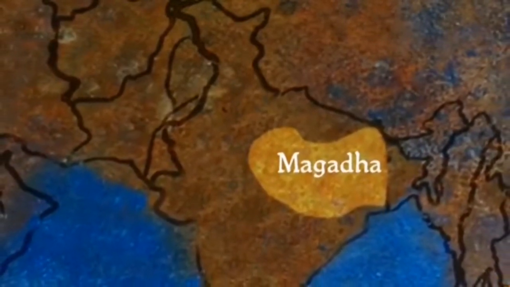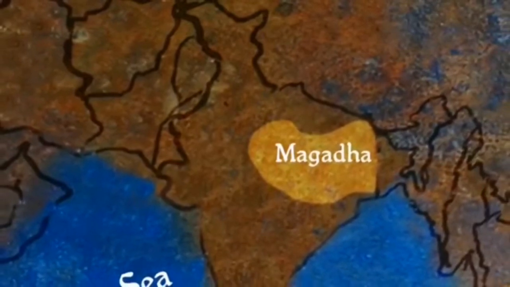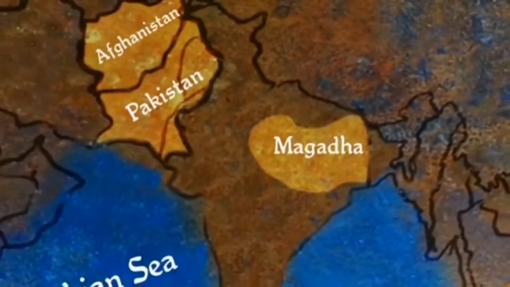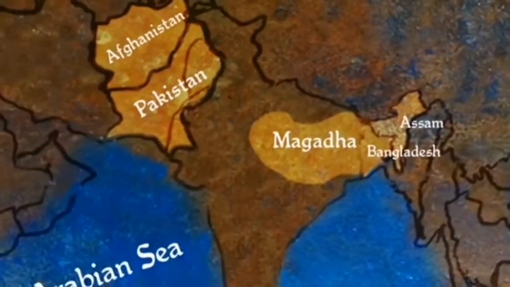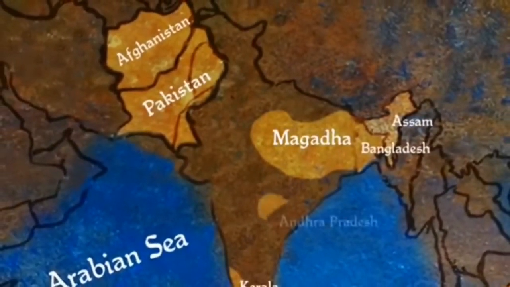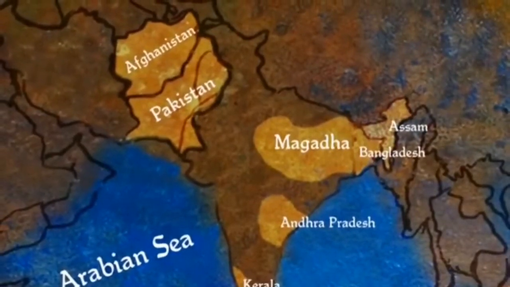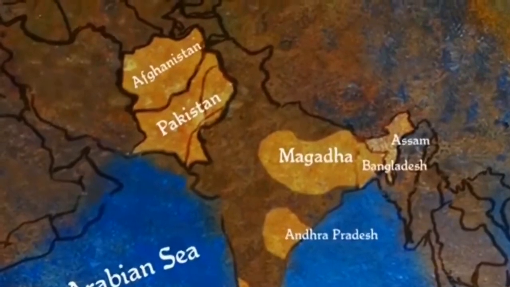The kingdom stretched from where? From Pakistan and Afghanistan in the west to Bangladesh and Assam in the east, and as far as Kerala and Andhra Pradesh. Wow, this king was such a great king.